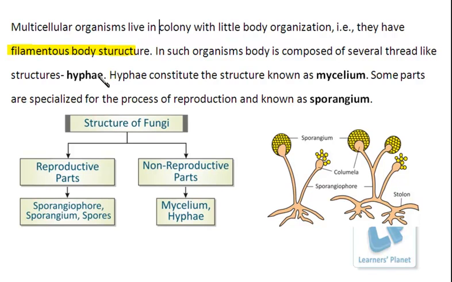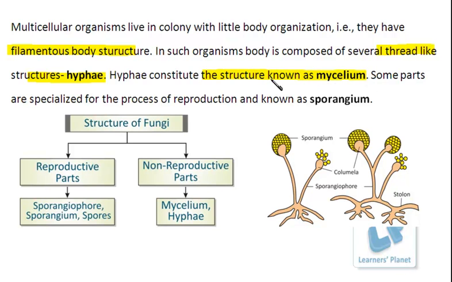Fine. So basically the filamentous body structure, you know what is meant by this? It means that there are some thread-like structures, and these thread-like structures are known as the hyphae. Then many threads together constitute the structure known as the mycelium.